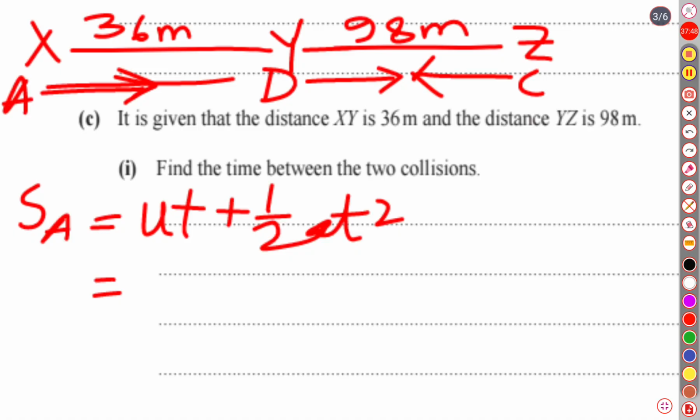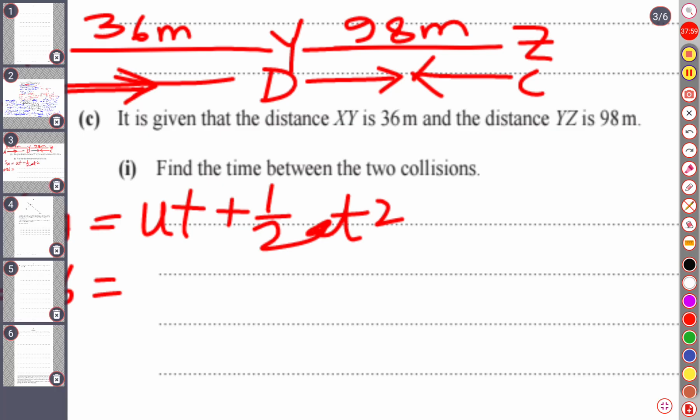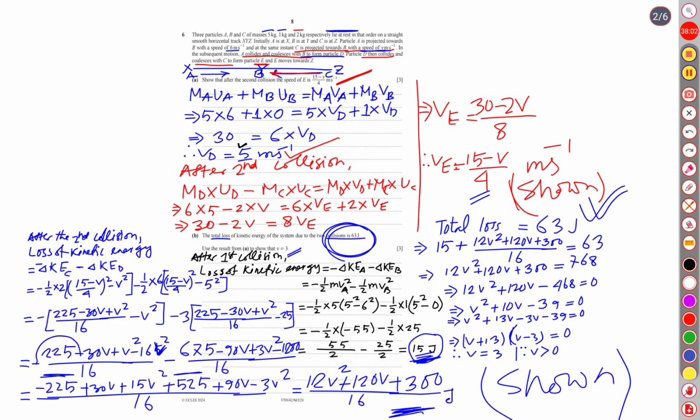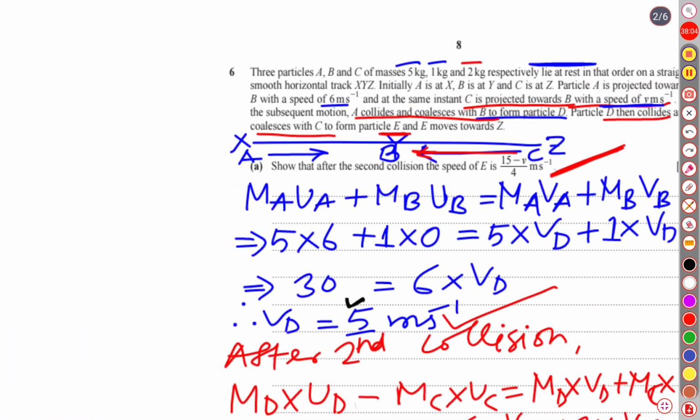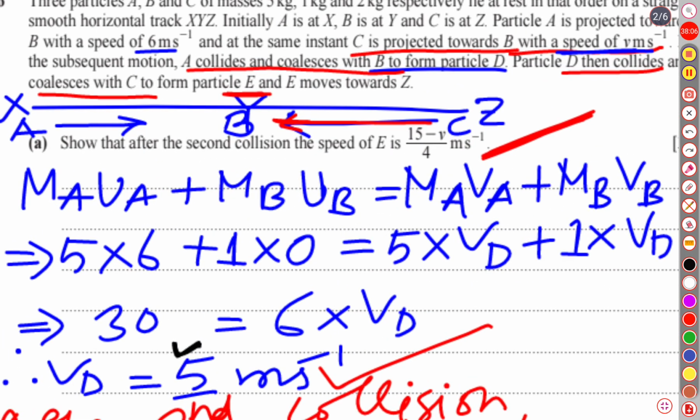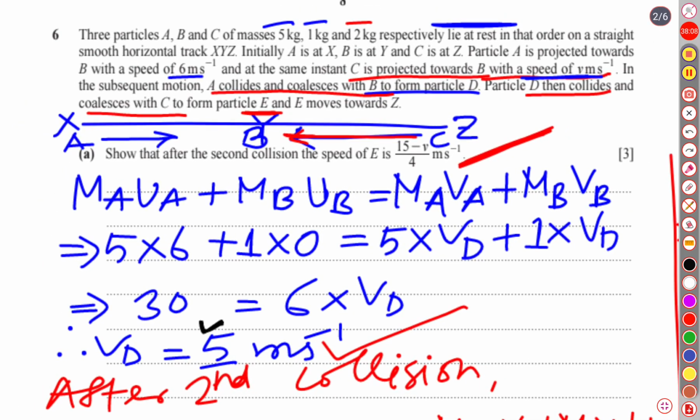So it is 36 equal to initial velocity of A times t. We have not forgotten the initial velocity of A. It is written clearly over here: initial velocity of A was 6, and initial velocity of C was V meters per second.